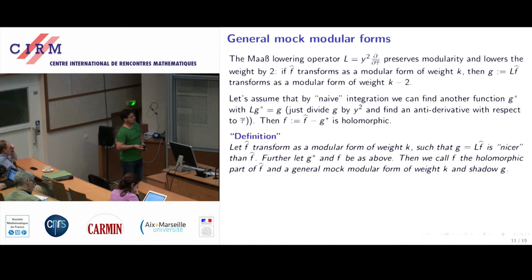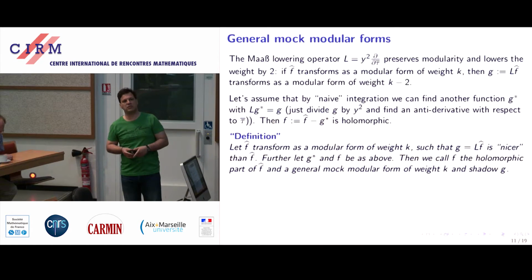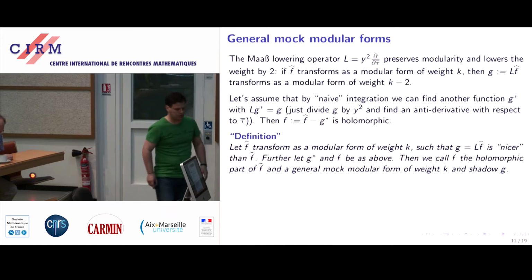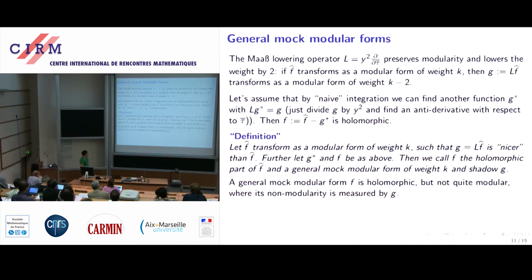And this function f is then the holomorphic part, in some sense, of f hat, and I call it a general mock modular form. It is general because I don't require too much. I just want things to be nicer. Okay. So that is the framework in which you can see a lot of these mock objects.